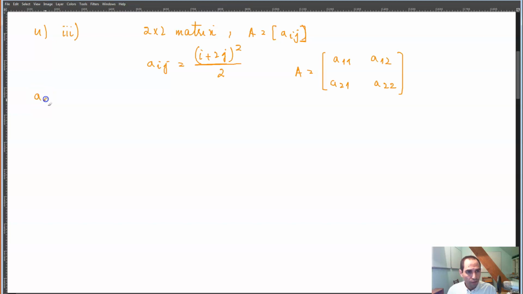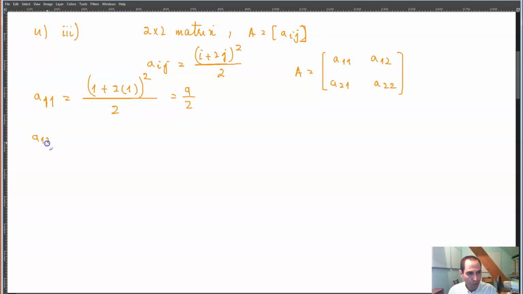And so A11 is the same thing as 1 plus 2 times 1, whole raised to the power 2 divided by 2. So that is 2 times 1 is equal to 2, 2 plus 1 is equal to 3, 3 squared is equal to 9, that is 9 halves.